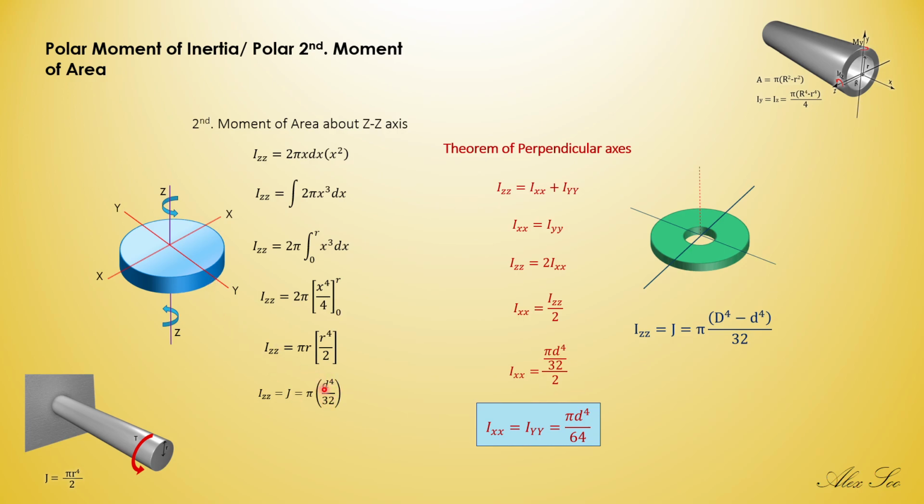You can change this to r power 4. Then it should be divided by 2, not 32 anymore if you change this to radius. So this is Izz. So you can also find Ixx and Iyy by taking the theorem of perpendicular axis, which you have studied in your engineering maths.